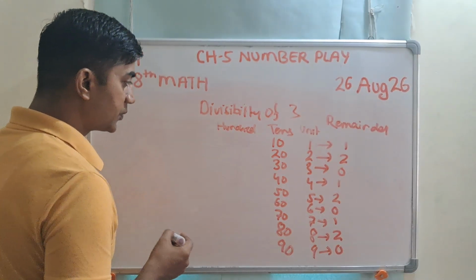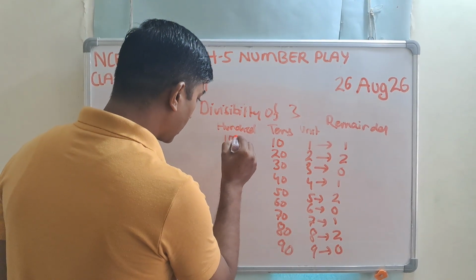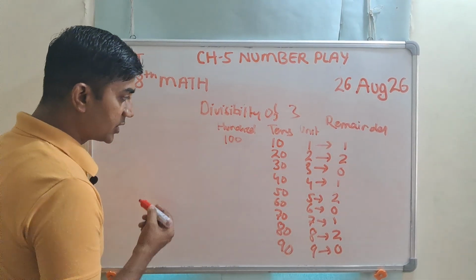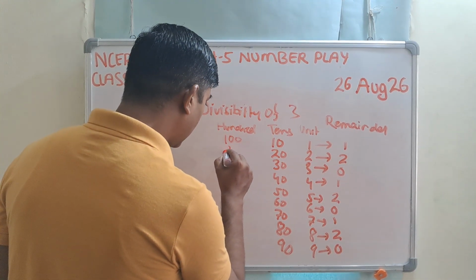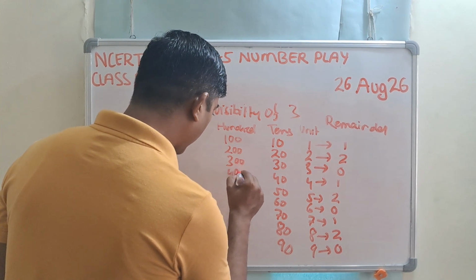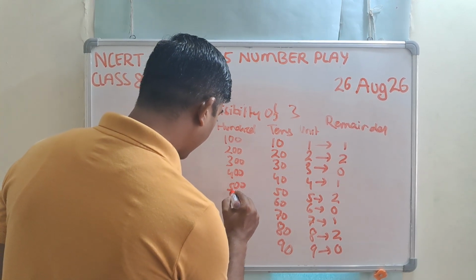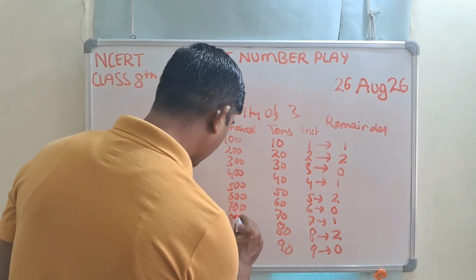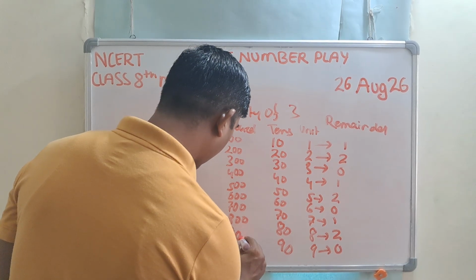Any number at hundreds place will be this one only, means 100, 200, 300, 400, 500, 600, 700, 800 and 900.